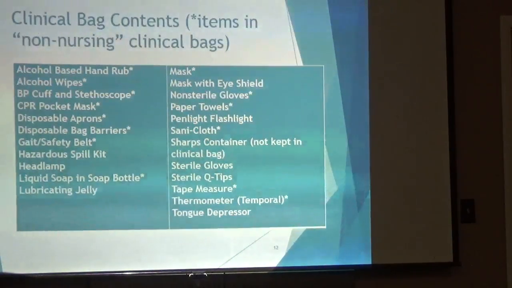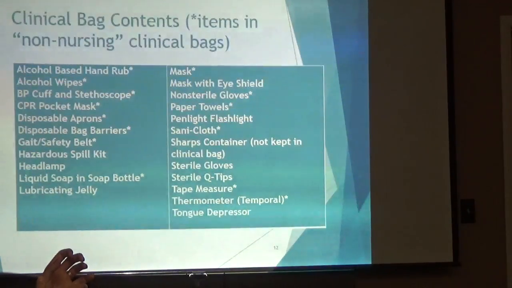So there's alcohol-based hand rub, alcohol wipes, BP cuff and stethoscope, CPR pocket mask, disposable aprons, disposable bag barriers, gait safety belt, hazardous spill kit, headlamp, liquid soap in a bottle, lubricating jelly, mask with eye shield, non-sterile gloves, paper towel, pen flashlight, sani cloth, sharps container. It's not actually kept in the bag itself. And then sterile gloves, sterile Q-tips, tape measure, thermometer, and tongue depressor.